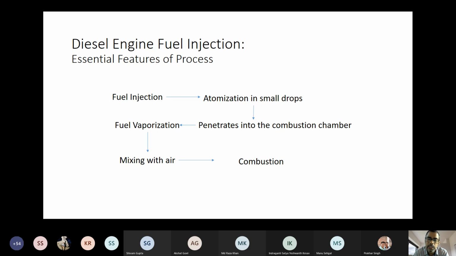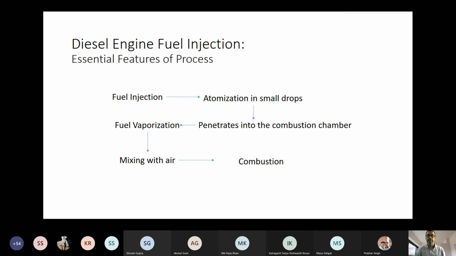Very high means that with the latest technology we are using in the diesel engine, the fuel injection pressure can be varied from 200 bar to around 2000 bar. Some of the companies are claiming that their fuel injection technology can even inject the fuel at 2400 bar.